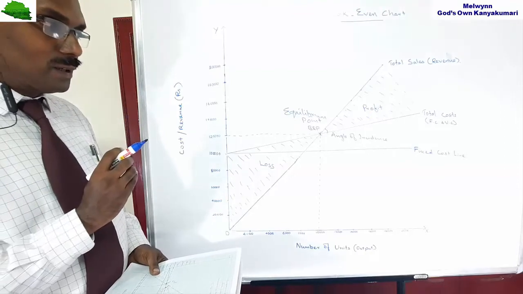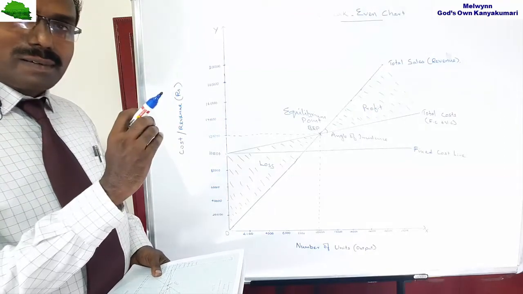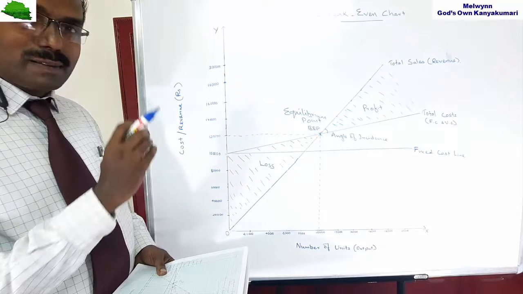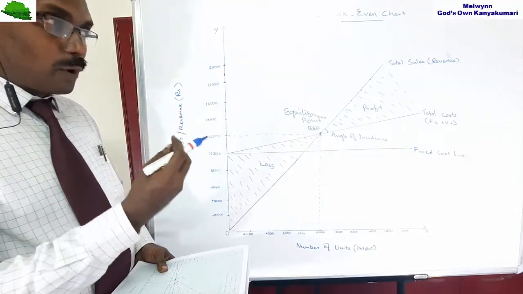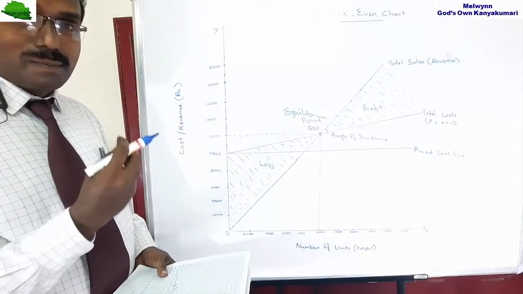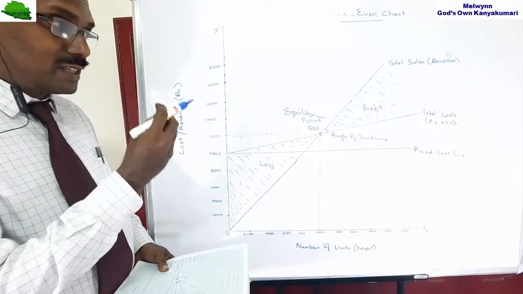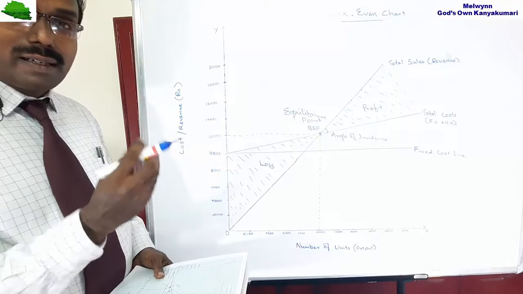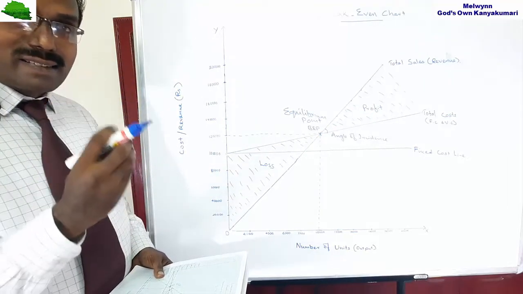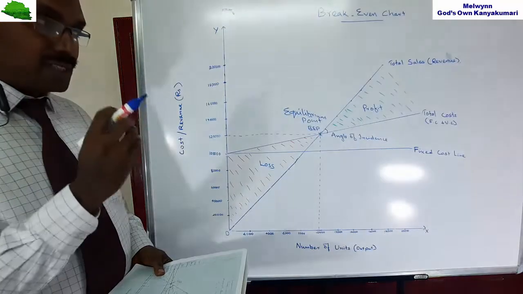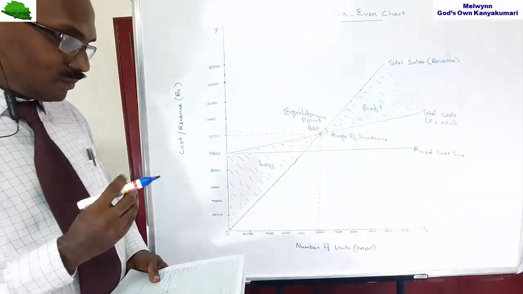Because once we reach the break-even point, then only profit begins in our business. Once we reach the break-even point, then only every business organization gets profit.